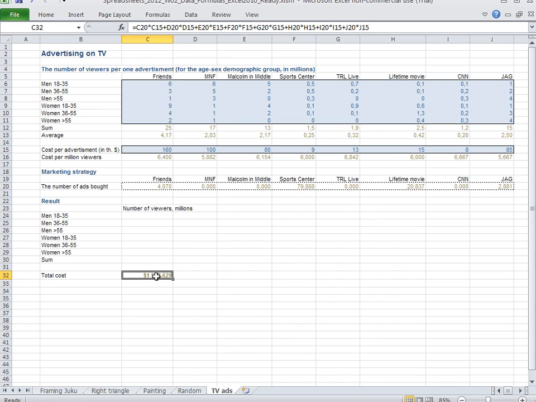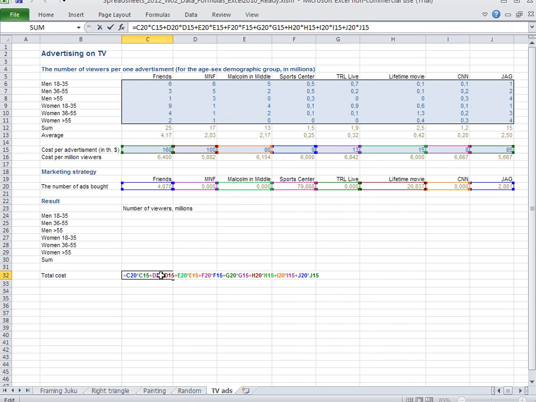There's one thing though, remember the viewerships were in millions, but the costs were in thousands of dollars. Okay, now this here is advertisements times costs.